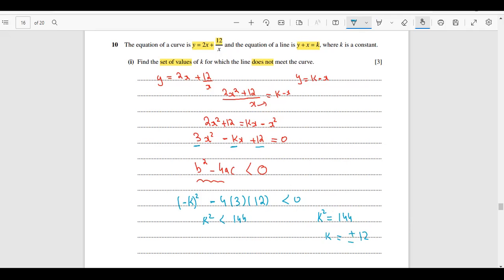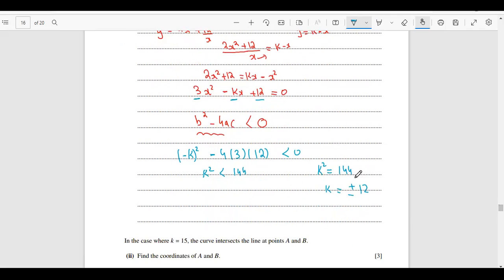Now I'll make the graph quickly. So the turning points would be minus 12 and positive 12, and it would be a parabola of this type. So now this says k squared is less than 144.